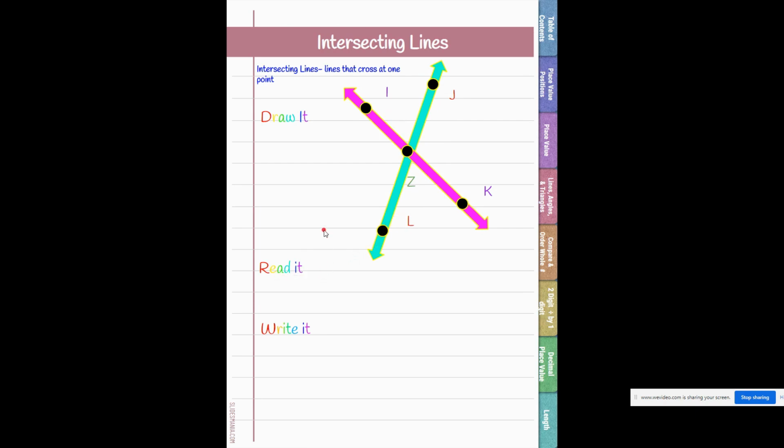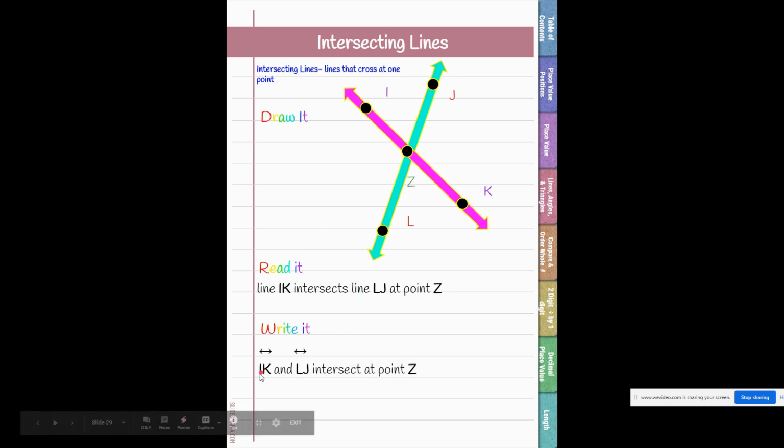The way we read it is we say that line IK intersects line JL at point Z. We write it using symbols: IK with the line symbol above it, and LJ with the line symbol above those letters, intersect at point Z.